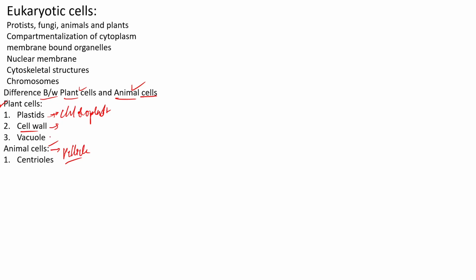And you also see vacuoles, which are predominantly observed in plant cells. If you draw a plant cell as you did in lower classes, inside the cell we generally draw a large empty cavity-like structure.